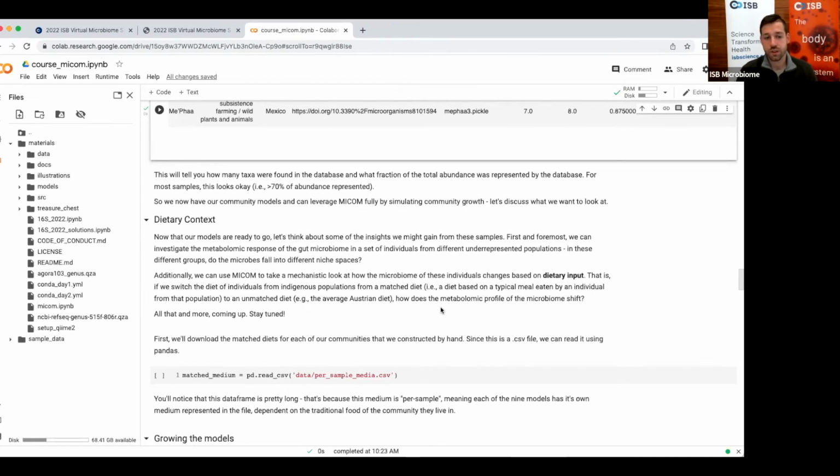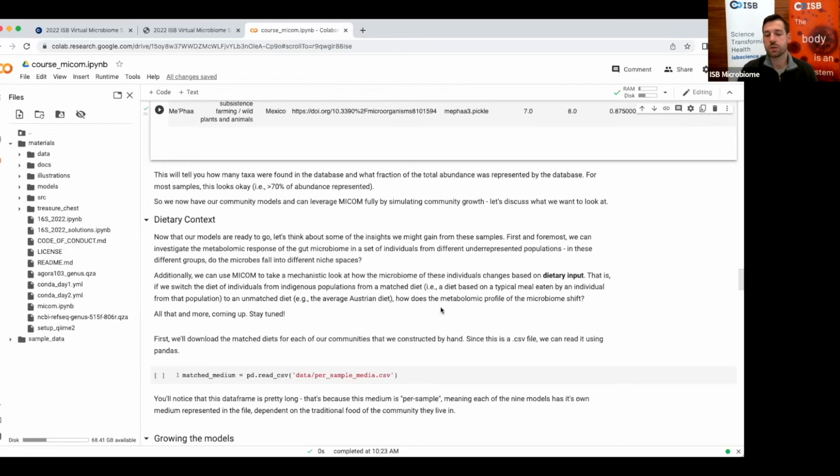the microbiome. So for instance, if you were to take individuals from an indigenous population, like the ones that we've been modeling here today, and we were to simulate the growth of these models on a matched diet, so a diet that's representative of a typical meal eaten by an individual from that population, and then simulate it again on an unmatched diet.